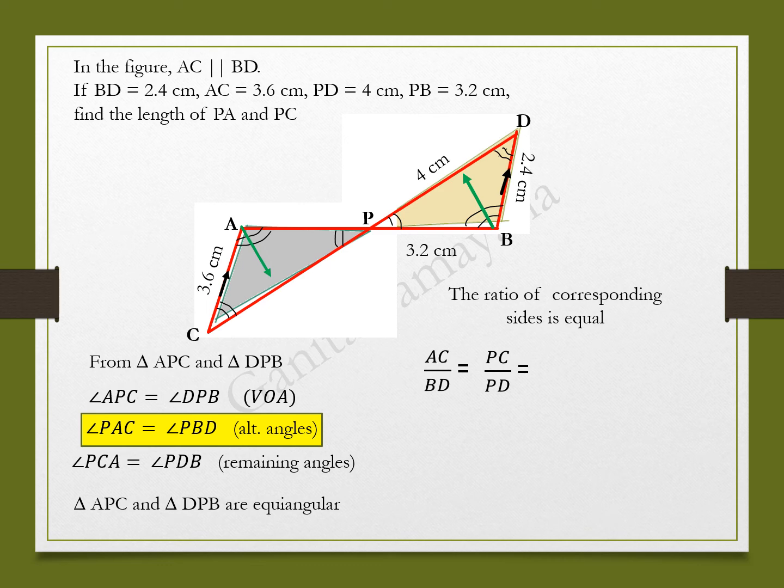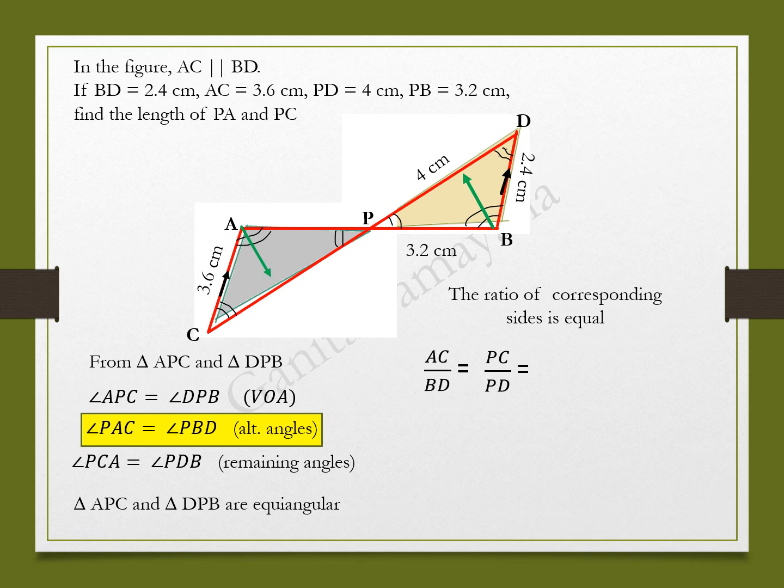One thing that you should notice, I have written here triangle APC and DPB. So I am writing all the parameters of APC here on the left hand side and that of DPB on the right hand side. And when I write the ratio, all parameters with respect to APC in the numerator and all parameters with respect to DPB in the denominator.